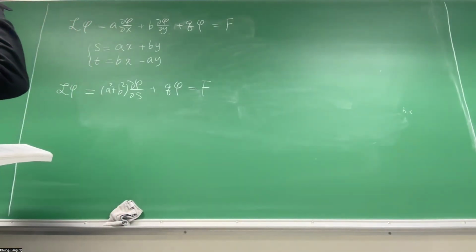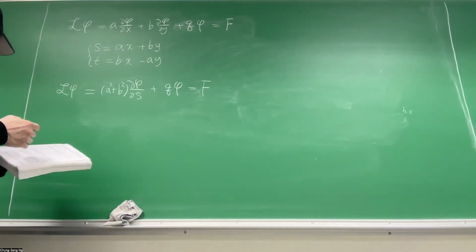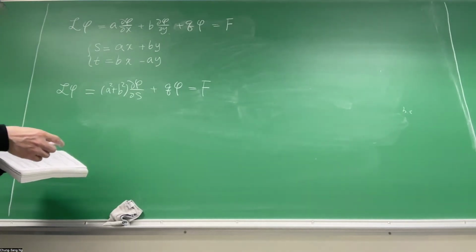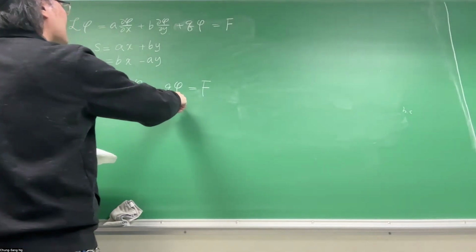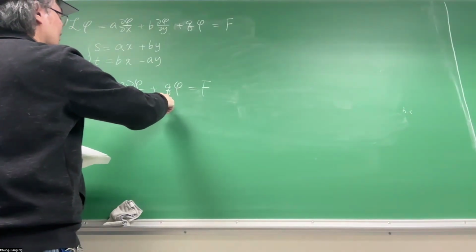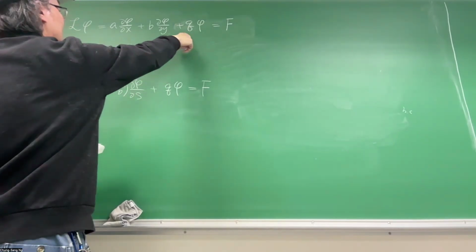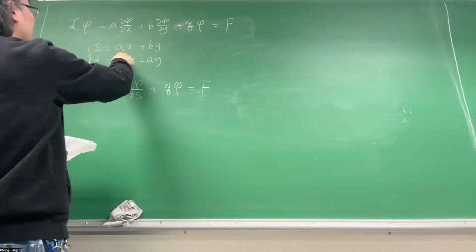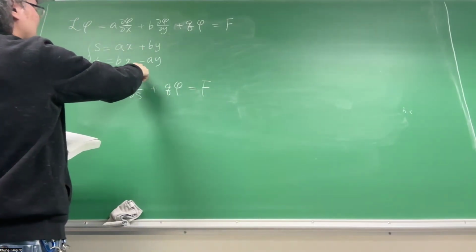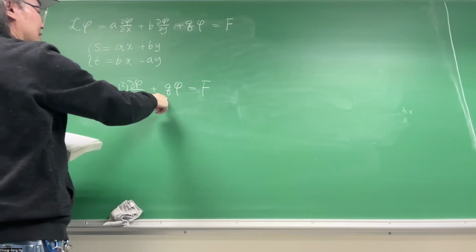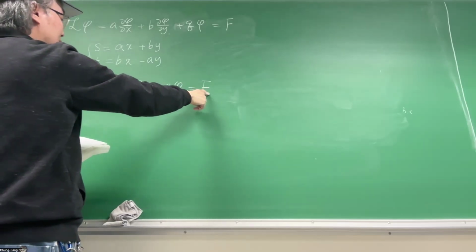But then you also need to do a change of variable in all these functions. Originally Q is a function of x and y, but you use this transformation and convert that to a function of s and t. Likewise, F is a function of s and t.